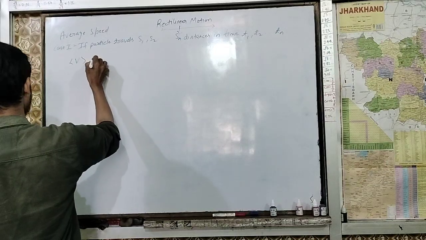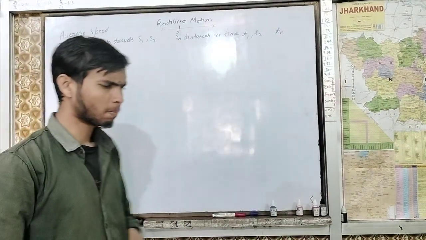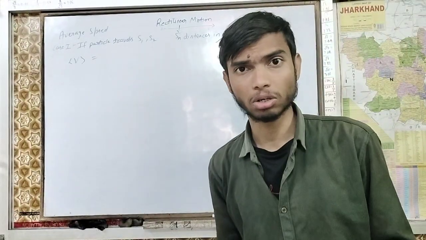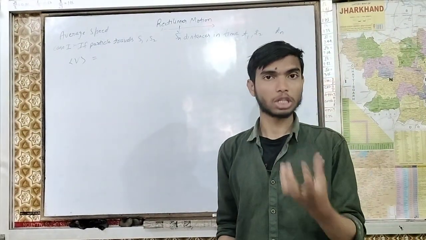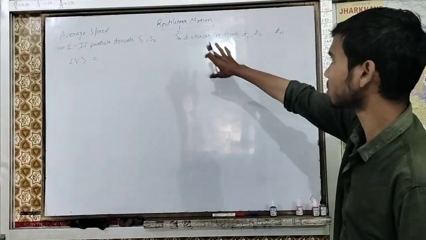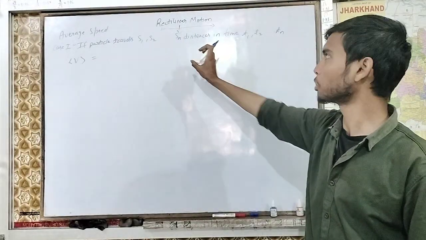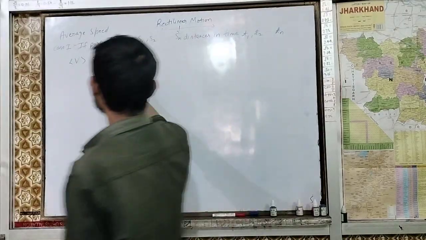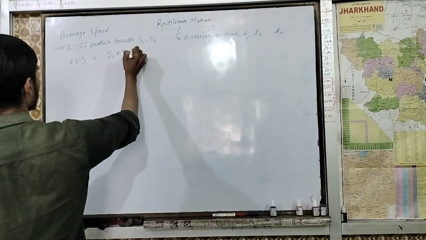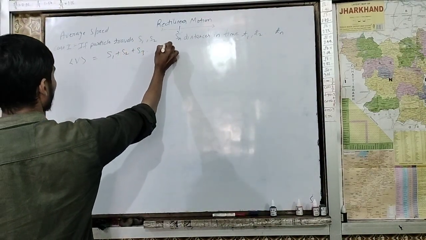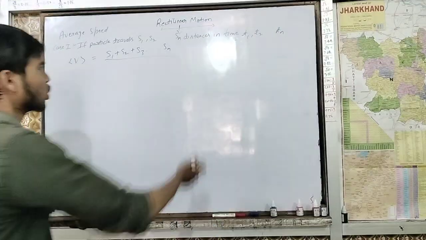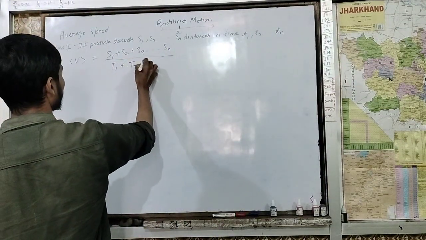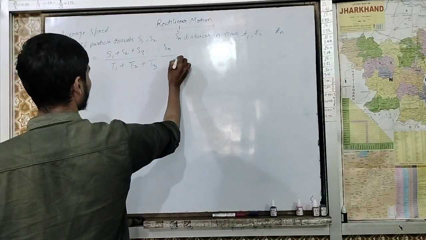In that case, our average speed will be equal to, remember, the simple basic formula for average speed we all know, which is distance upon time. So distance is how much? This much. So you just need to write all this by addition: S1 plus S2 till the Sn, upon time. Time is also given: T1 plus T2 plus T3 till the Tn.